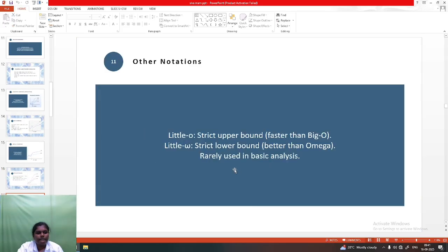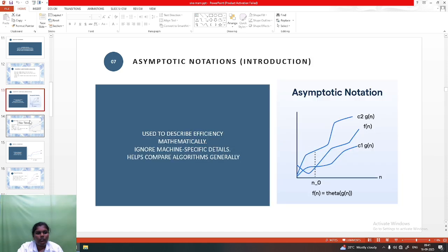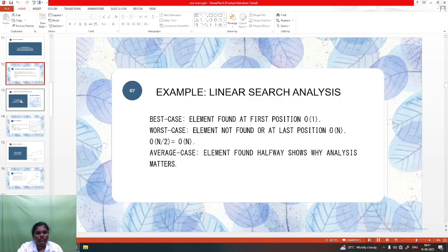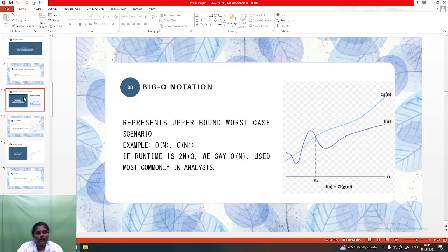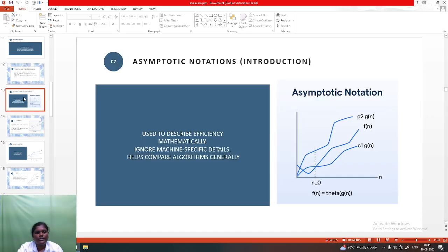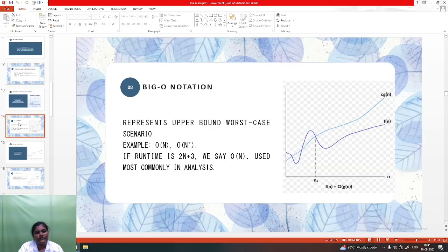Other notation. Notation is used to describe the efficiency mathematically. Specific details help describe common algorithms generally. Big O notation refers to the upper bound, the worst case scenario. Example: O(n). If runtime is 2n plus 3, we say O(n), which is used most commonly in analysis.